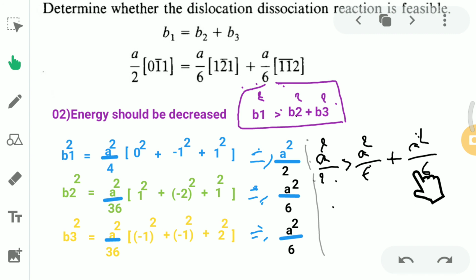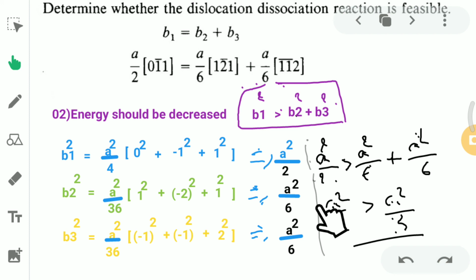Here a square by 6 plus a square by 6 is 2a square by 6, so we get a square by 3. a square by 2 is greater than or equal to a square by 3. So from here to here the energy is decreasing, 1 by 2 greater than 1 by 3. So it is also satisfying b1 square greater than b2 square plus b3 square. So it is energetically also favorable. So this dislocation dissociation is possible in this case.